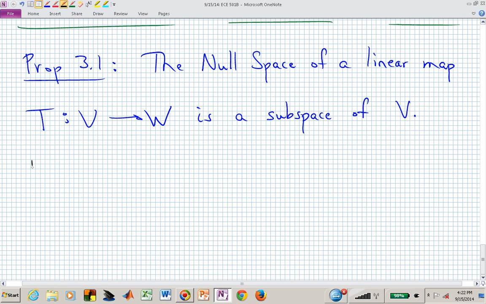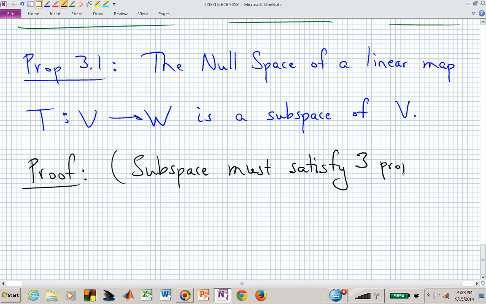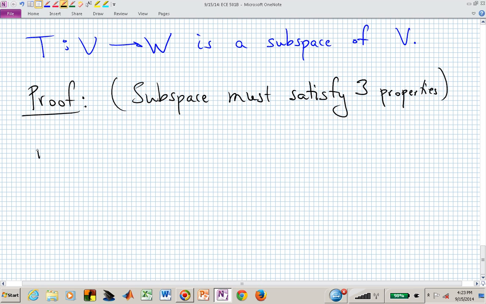And we can show this. Like I said before, we may not show this for the range space, but let's go ahead and show it for one of those. And you told me earlier that to be a subspace, it has to satisfy those three properties. A subspace must satisfy three properties. One is that it's non-empty, or it contains the additive identity.